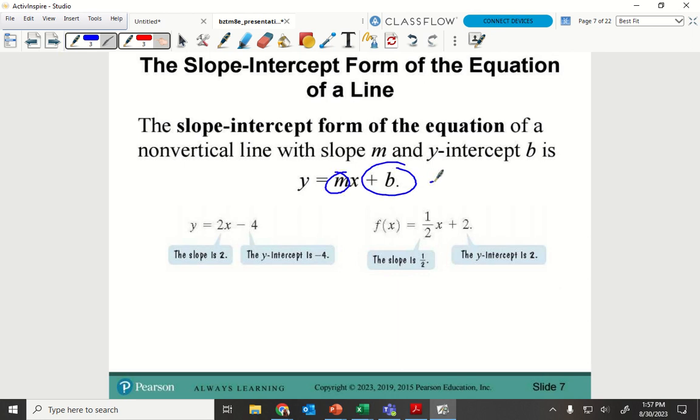B is my y-intercept. Y-intercept is going to be 2 in this problem. On this one right here, there's a minus sign out there, right? It says minus 4. The sign goes with the number, always. So since this says minus 4, it makes it a negative 4. Plus 2, it makes it a positive 2.